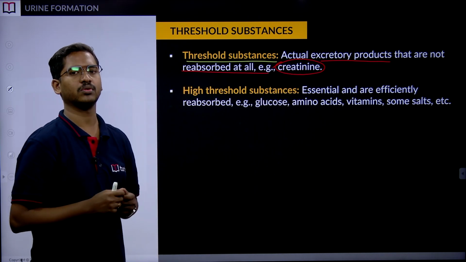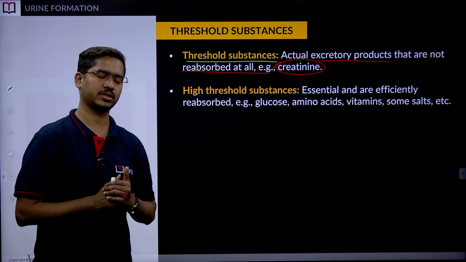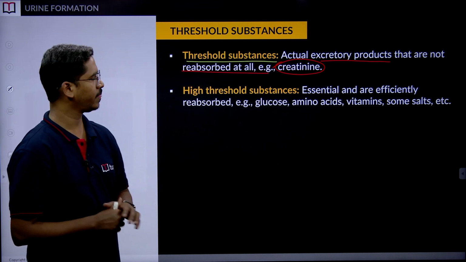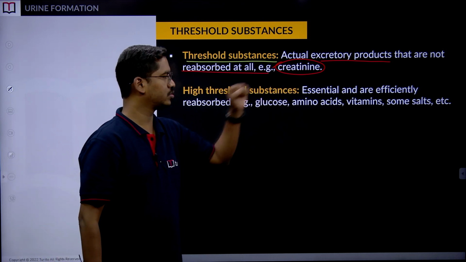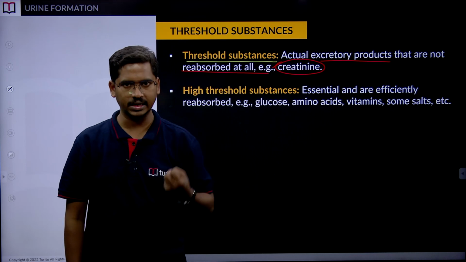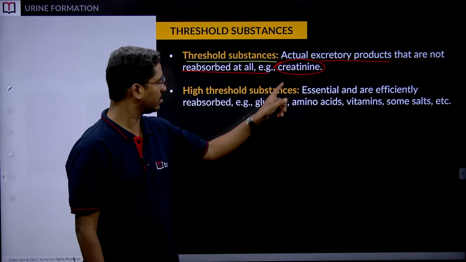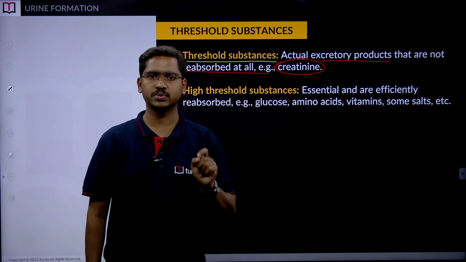because we are discussing the nephrons, which are the structural and functional unit of kidneys. If anyone wishes to understand the health of the kidneys, this is one particular substance.